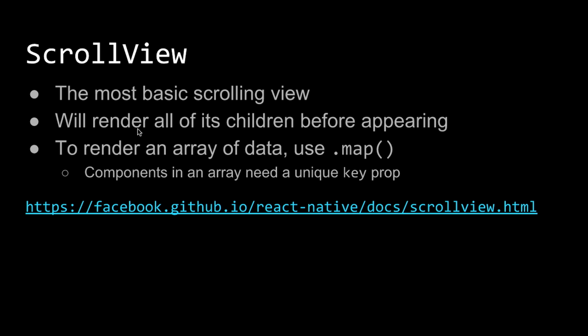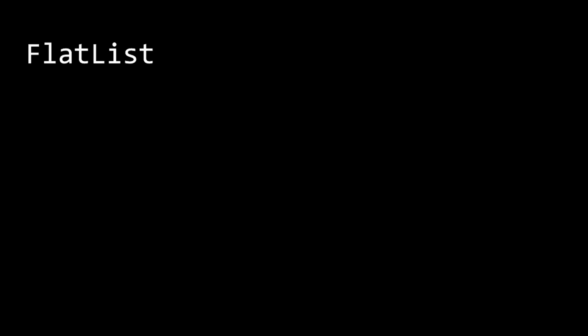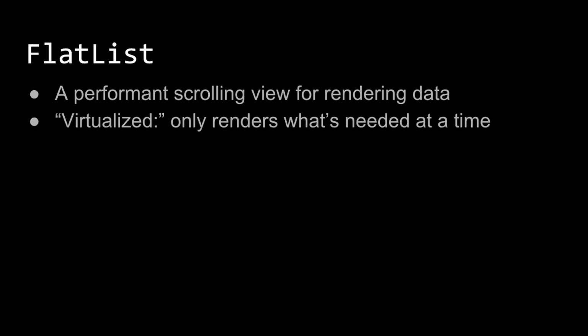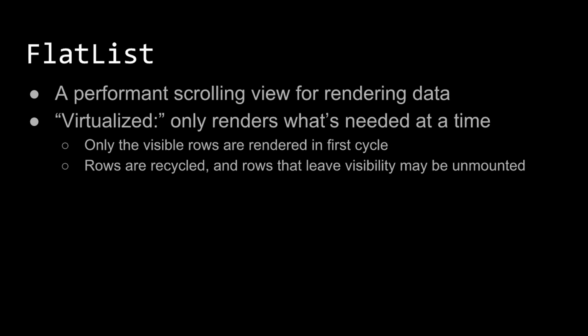If you want to check out the docs for scroll view, they're linked in the slides. So there's this thing called a flat list. A flat list is a very performant scrolling view for rendering data. What it does is it's called virtualized, which means it only renders what's needed at the time that you're viewing it. Or in other words, only the visible rows are rendered in the first cycle.